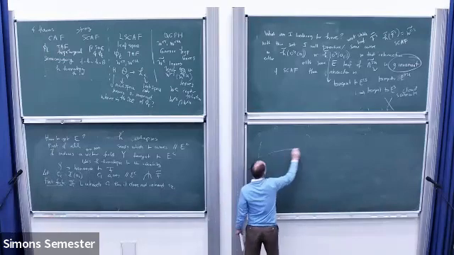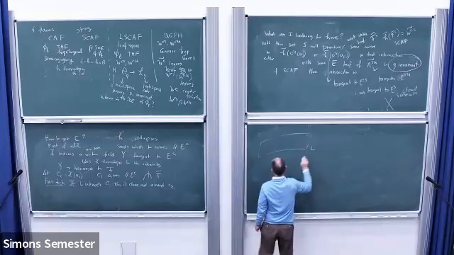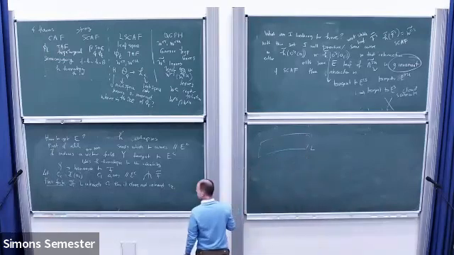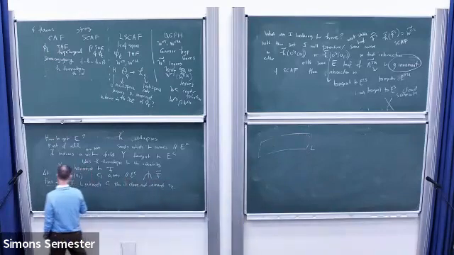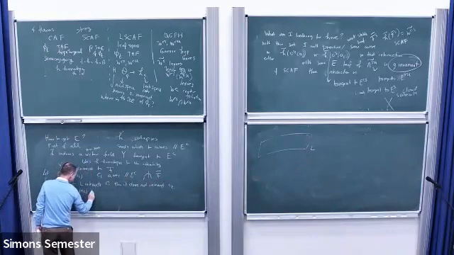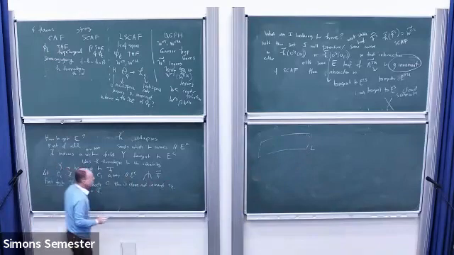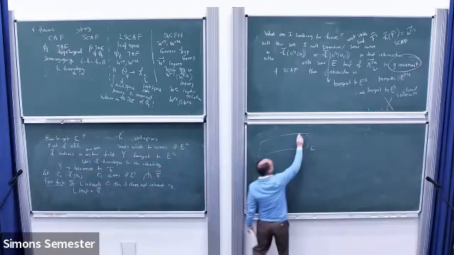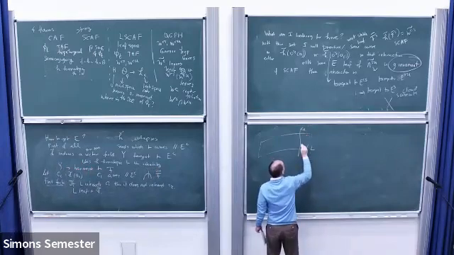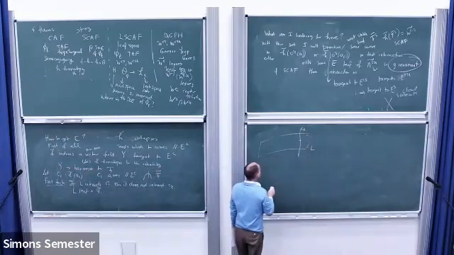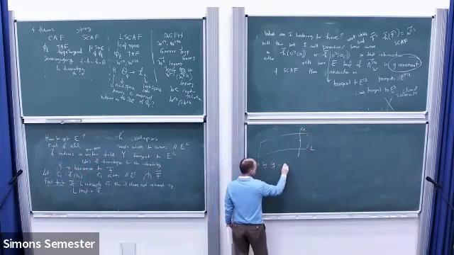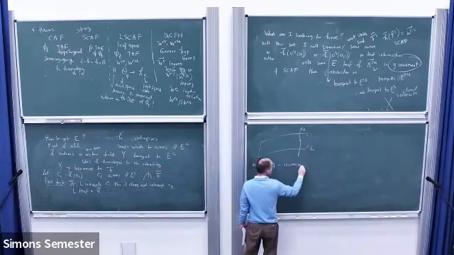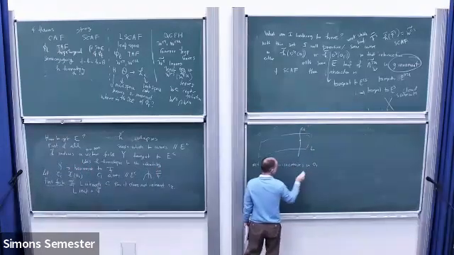So here's my L. L is going to be a leaf of F2. And suppose that intersects C1. So act by G, which increases in O1.